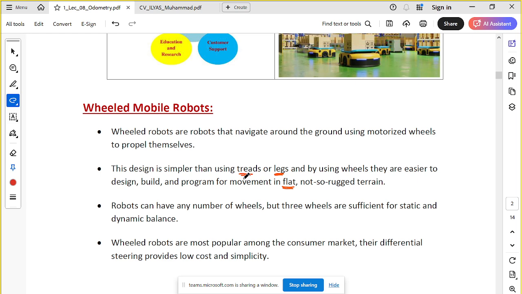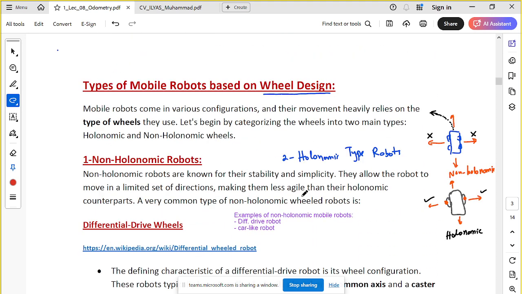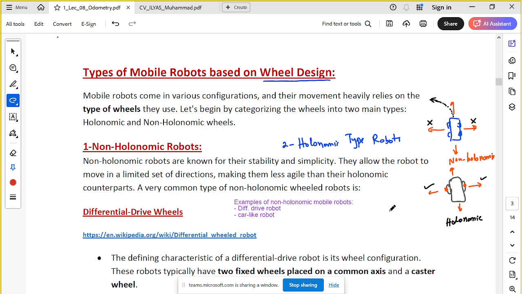So we have already discussed the different types of locomotion of mobile robots. Now let's talk about the types of mobile robots based on wheel design. The common type of wheel, we know, is just a wheel with an axle at the center, and the tire can be rubber, metal, or wood.